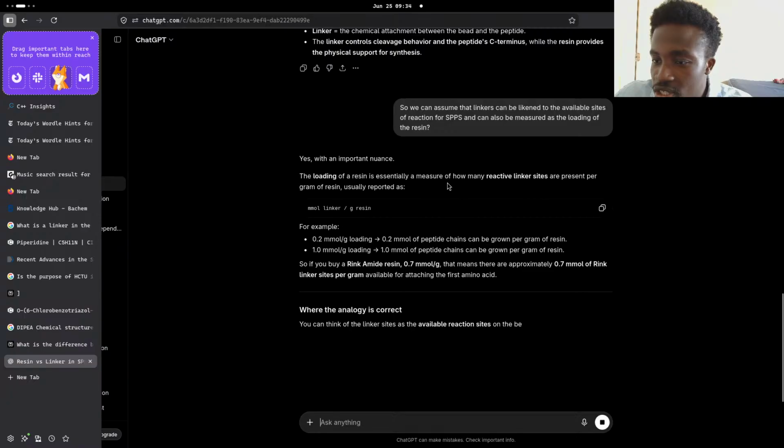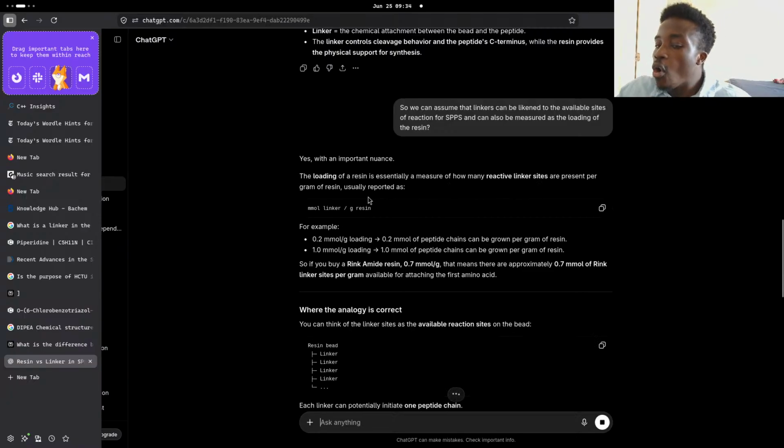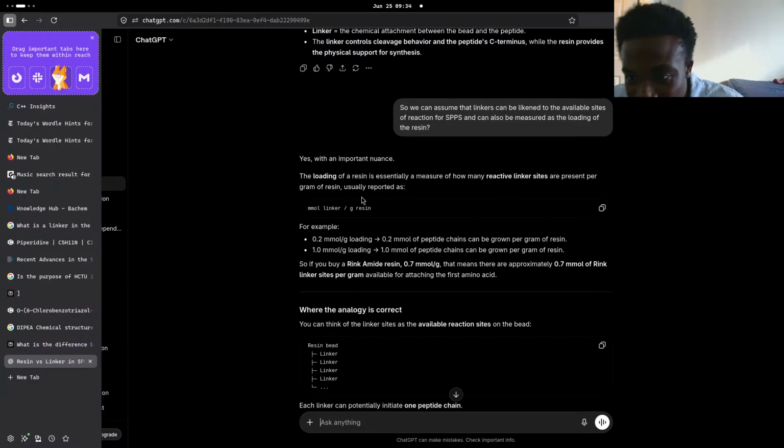The loading of resin is essentially a measure of how many reactive linker sites are present. Oh, okay. Thank God I actually streamed this on YouTube, because I'm just going to come back and rewatch this. This is amazing. Ultimate notes app, bro. I need to come back and definitely revisit this in the lab.